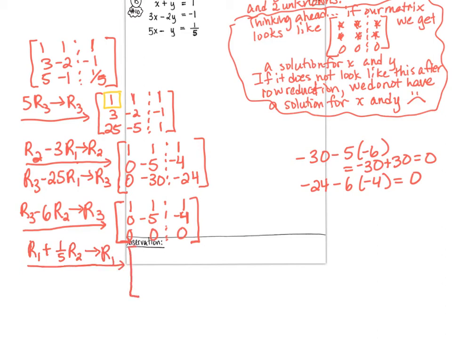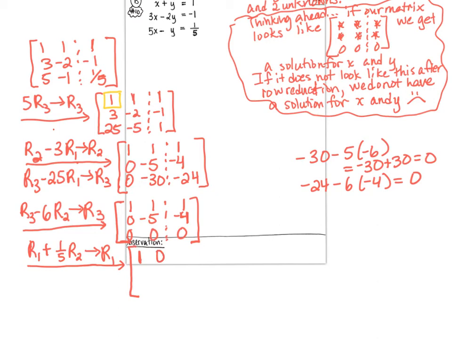So R1 plus 1/5 times R2. So 1 plus 1/5 times 0 is what? 1, nice. Then 1 plus 1/5 times negative 5 gives us 0, good. So we get 0.